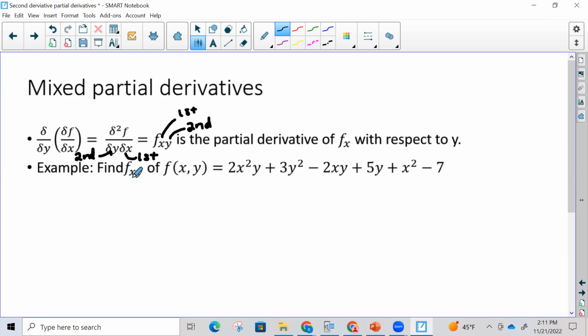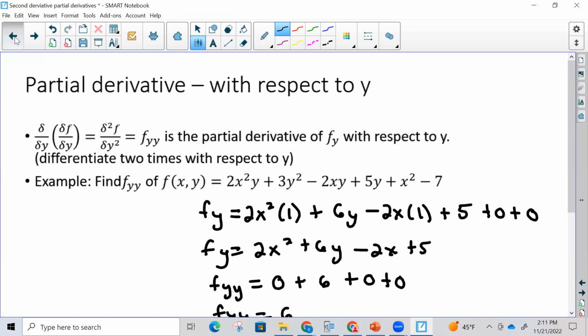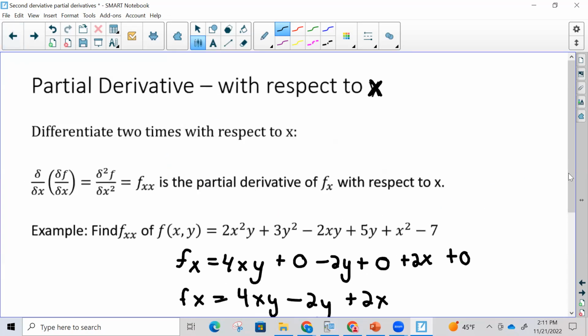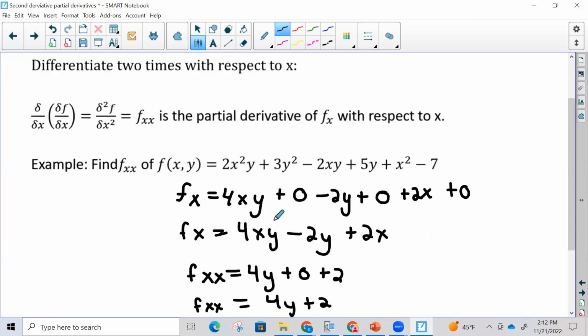When you have f_xy, and this is the notation we're mostly going to use, you go left to right. You start by finding f_x, so taking the partial with respect to x. We did this already, and it gives 4xy, that's 0, minus 2y, that's 0, and then plus 2x, and then this is 0. We did this one over here when we found that partial.